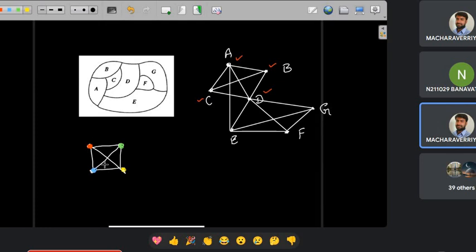Now, can we proceed with these 4 colors? Here I am assigning red color to A, yellow color to B, green color to C, and blue color to D. Now how about G?